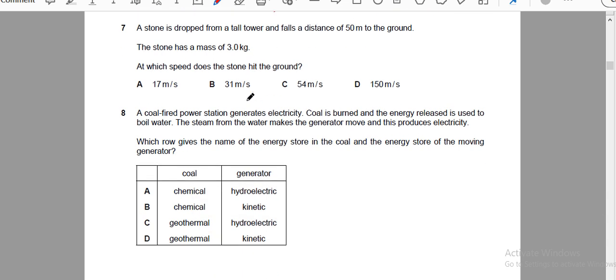A stone is dropped from a tower, 50 meters, mass of stone, and speed is needed.